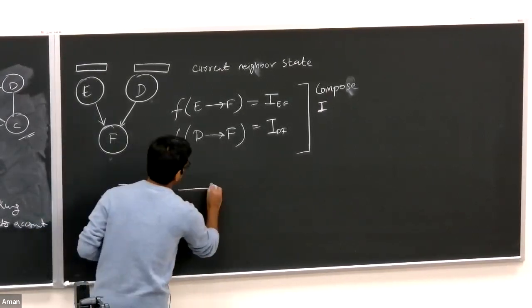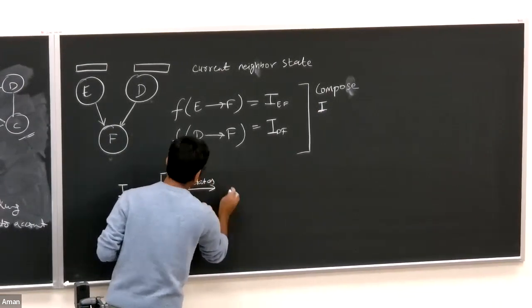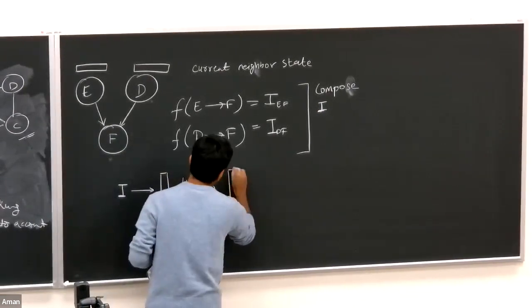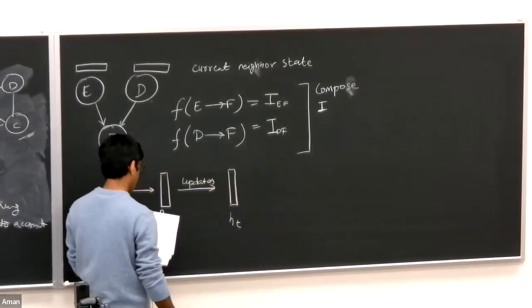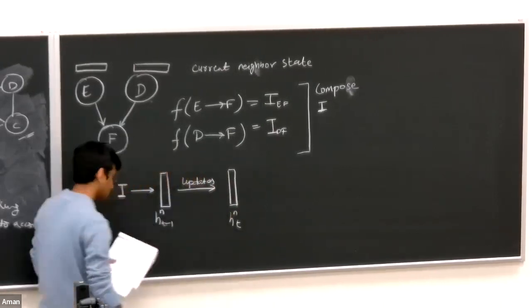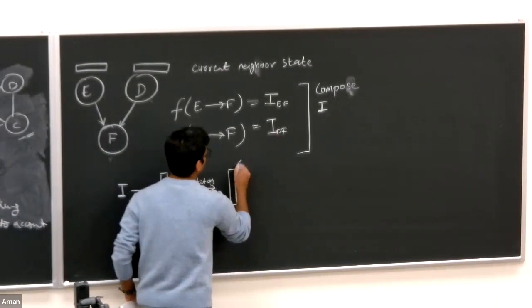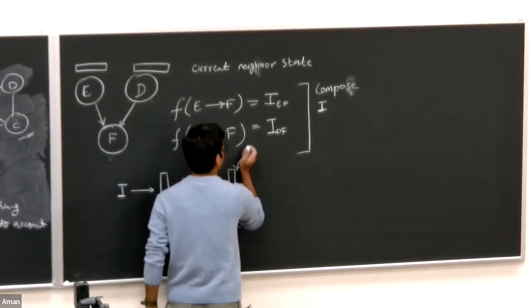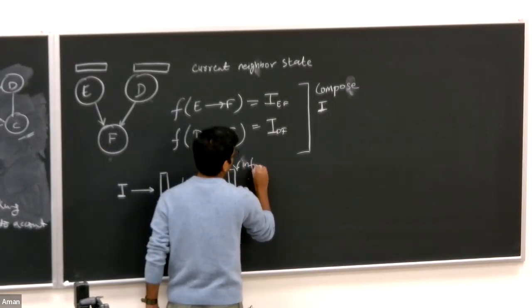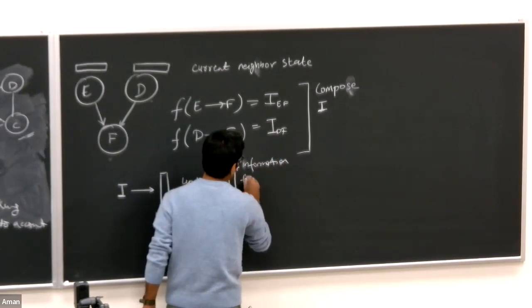This updates the node to, let's say, h at t. Okay. Sure. And now this vector has information from the neighbors.